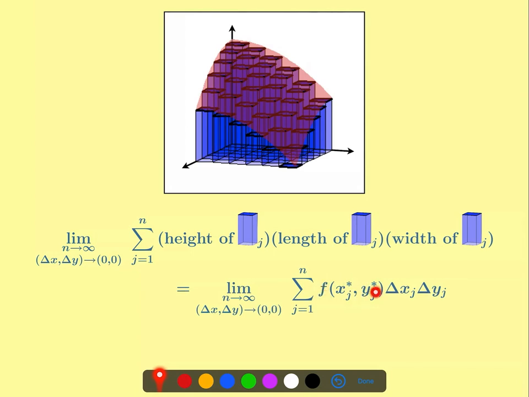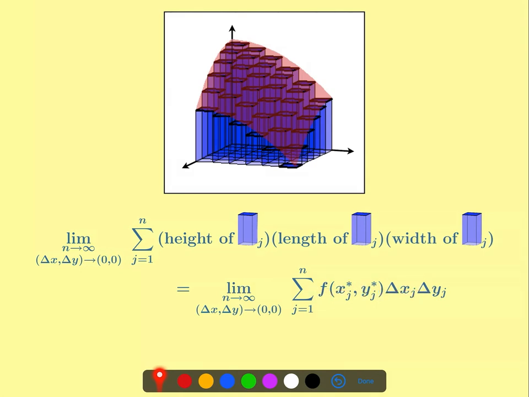Again, the height will be a value of the function, the length will be delta y, and the width will be delta x. In the limit, the sum is going to be replaced by a double integral, and the delta x and delta y will be replaced by dx and dy, or what we'll sometimes call dA, where dA represents dx dy or dy dx.